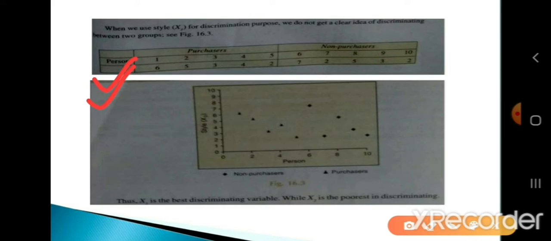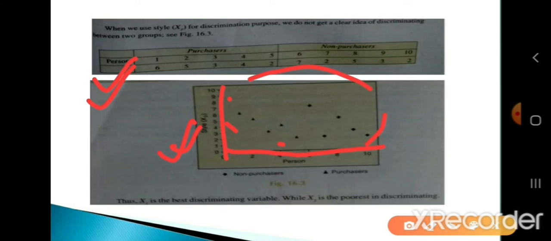If we plot the purchaser and non-purchaser versus the style, we will see that there is no clear differentiation between these groups based on the third characteristic. They are all randomly oriented.